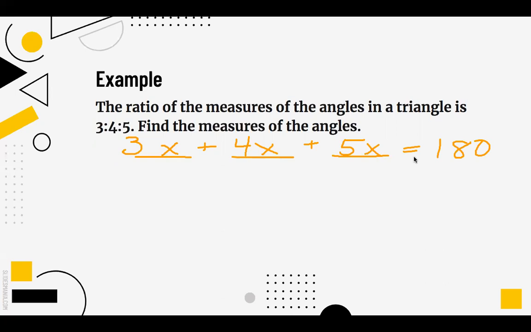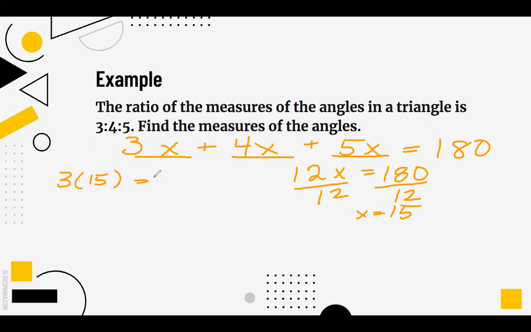So 3 plus 4 is 7 plus 5 is 12. So 12x is equal to 180. Divide both by 12. So x is equal to 15, right? So now it's 15. How am I going to use that to help me get to 180? The first one is 3 times x, so I'm going to do 3 times 15.